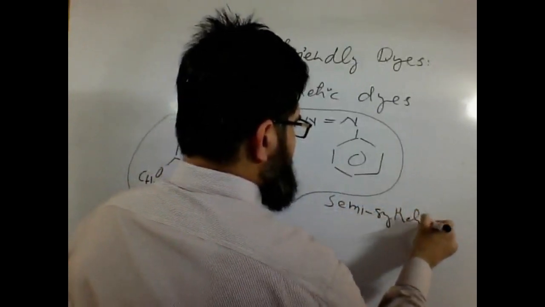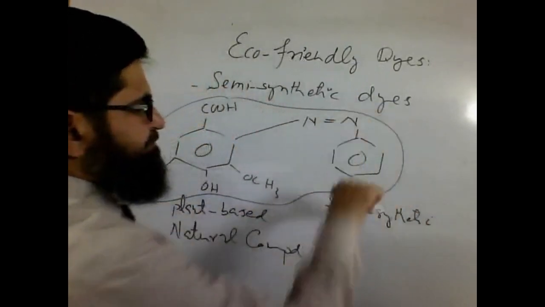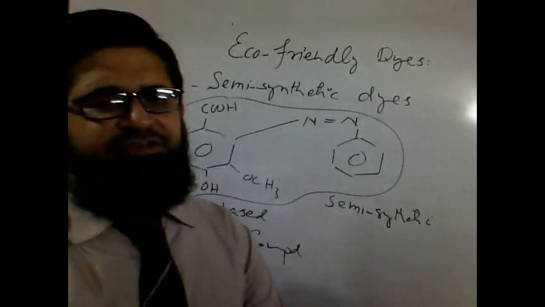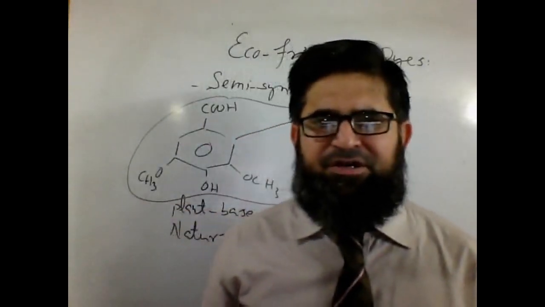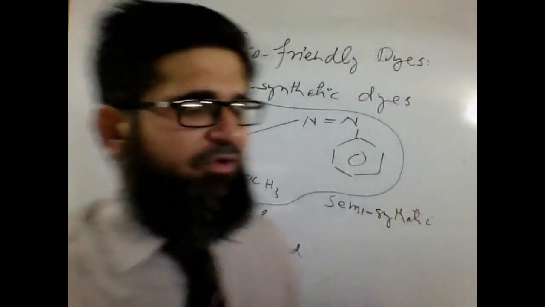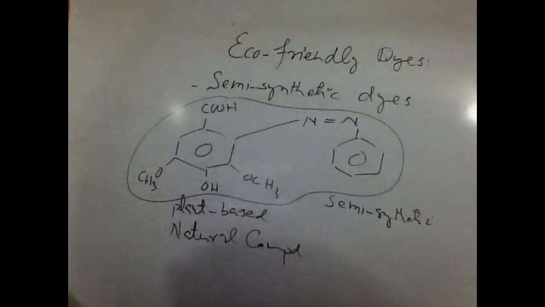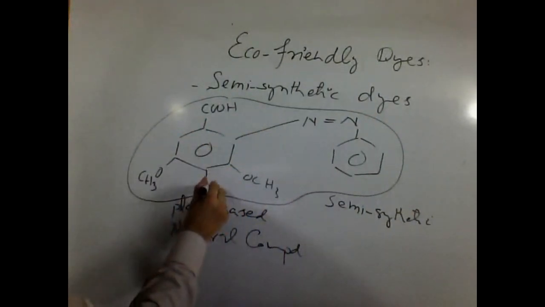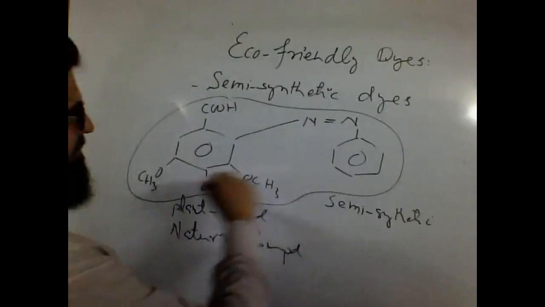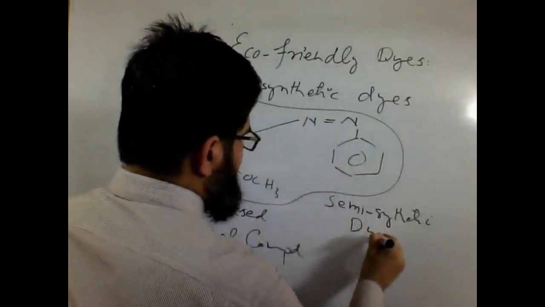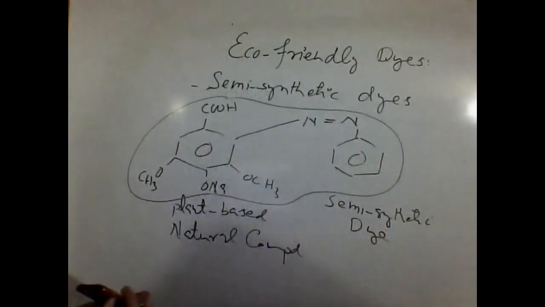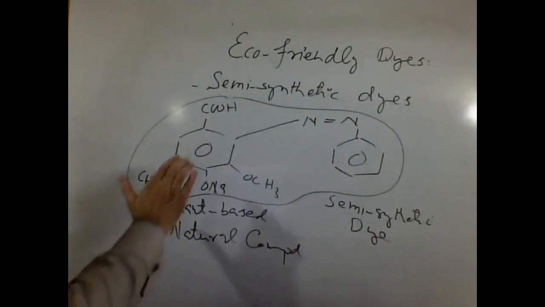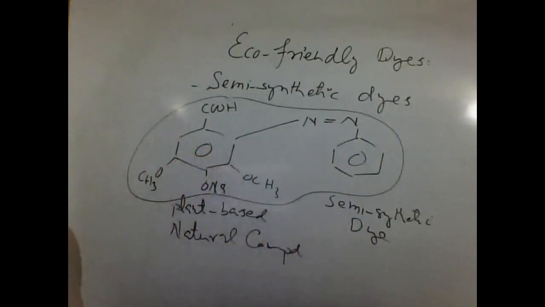Why is it semi-synthetic? Because this compound which has undergone diazotization is of a synthetic origin, however this is of a natural origin. So subsequently they converted it into a salt. So the final product would be some sort of a semi-synthetic dye. So they have used it as a coupler.